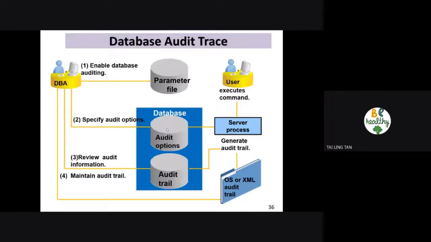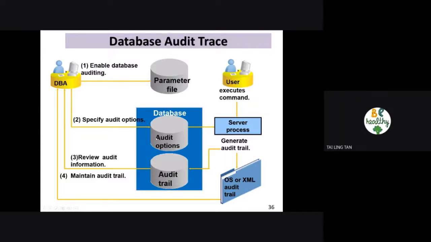Next, we have this audit trace. Previously I haven't had the chance to do this. I'm not the DBA for the database, so I won't be able to do this trace. The DBA will enable this auditing.